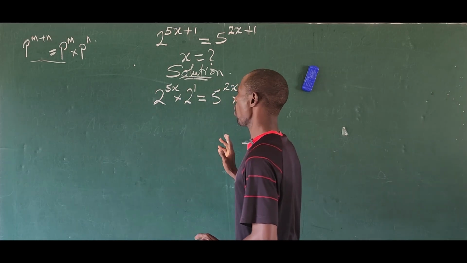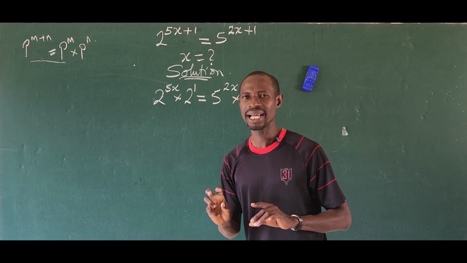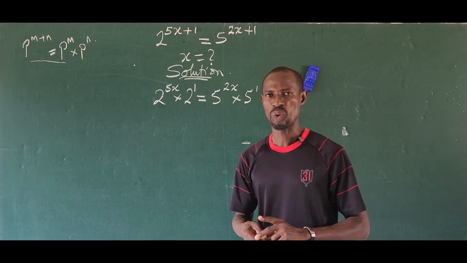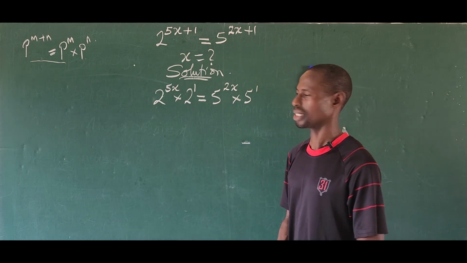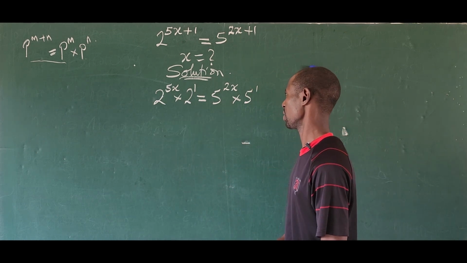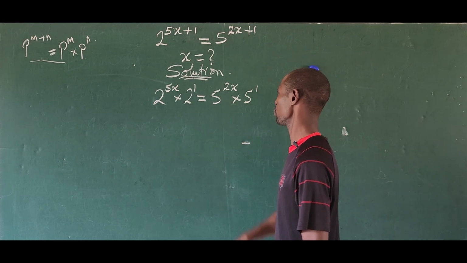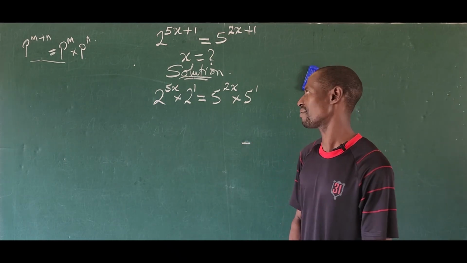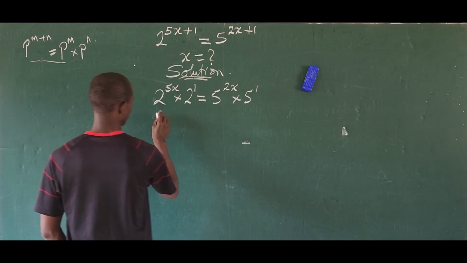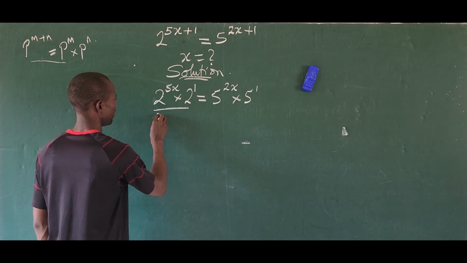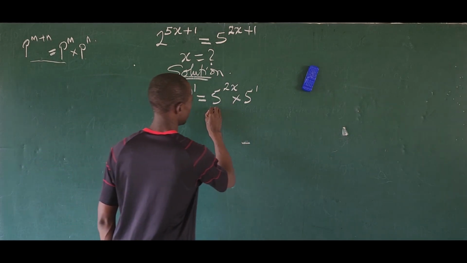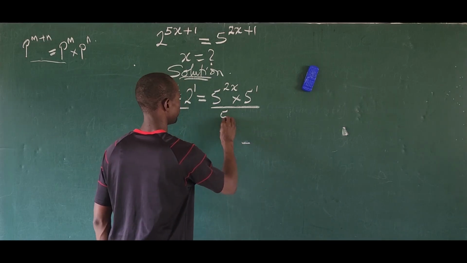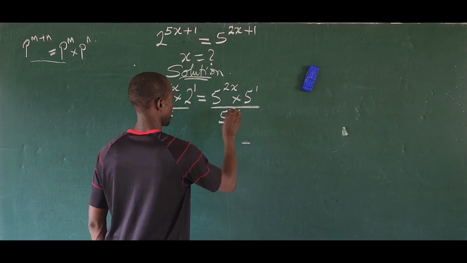We want all the terms that have x in the exponent to be on the left-hand side. And how do we go about that? Look at this term here, 5 to the power of 2x. We want to divide through by 5 to the power of 2x. So divided through, we're going to have here 5 to the power of 2x. Then we equally divide this side by 5 to the power of 2x.